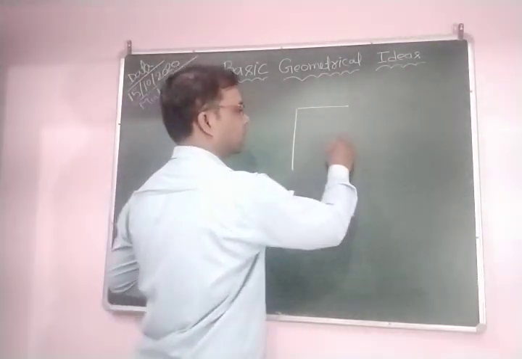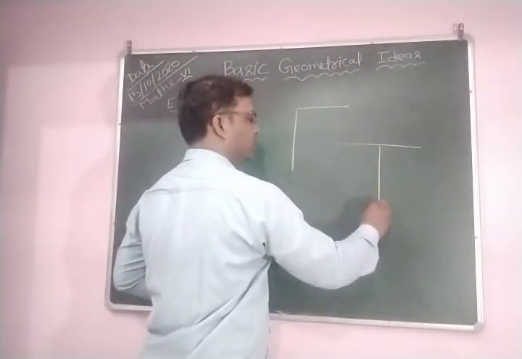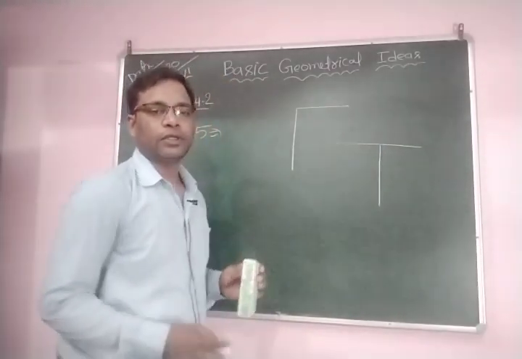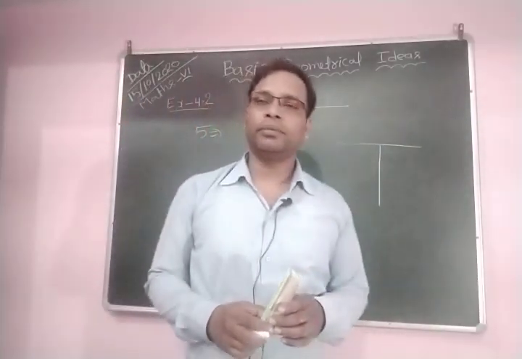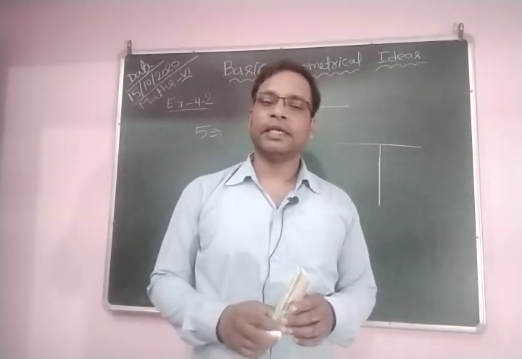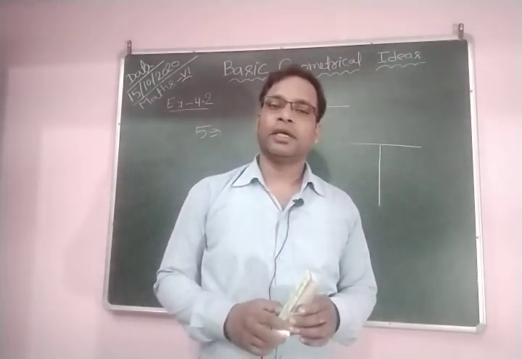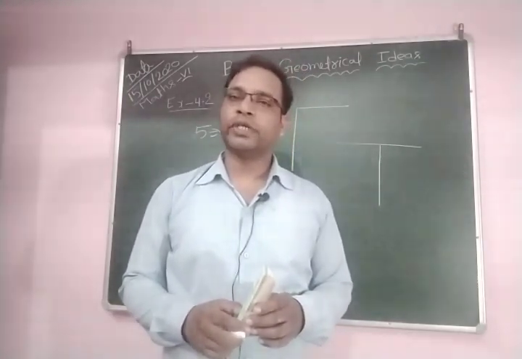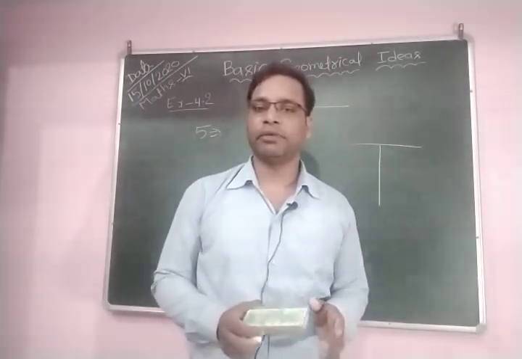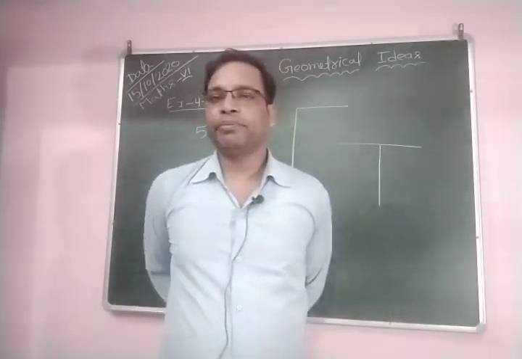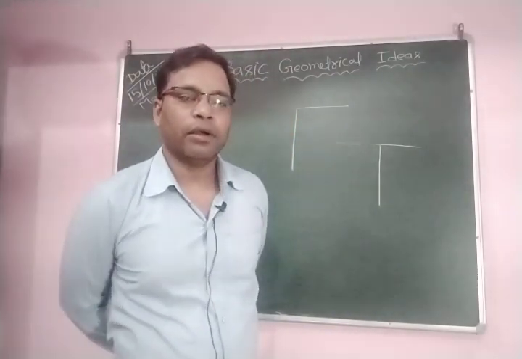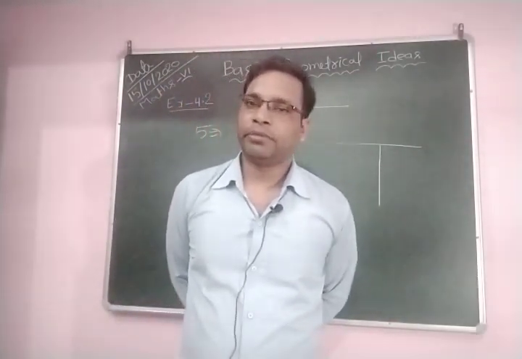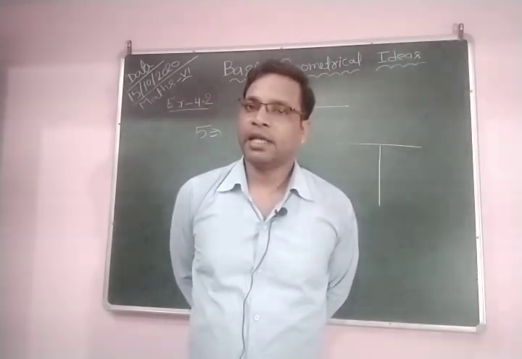Again, this is not closed. So the C part is not possible: drawing a polygon with two sides is not possible. So in this way we completed exercise 4.2 of chapter 4, basic geometrical ideas.